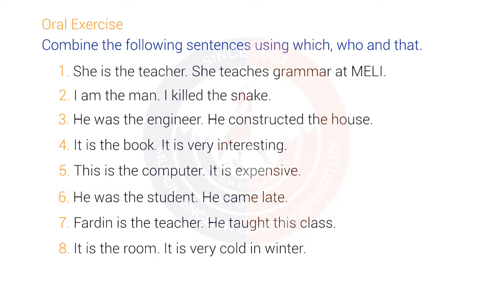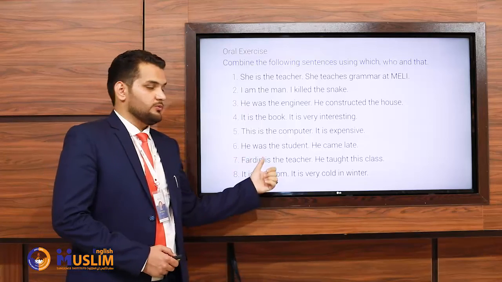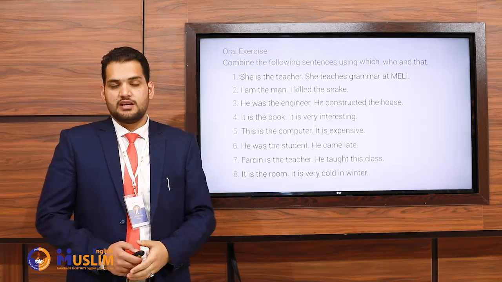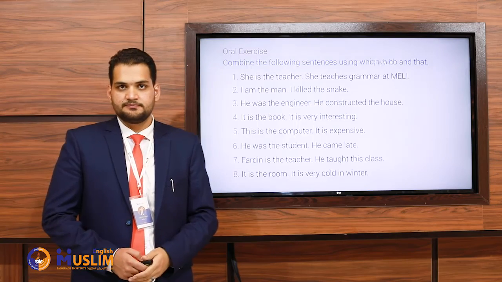He was the student who came late or that came late. Fardeen is the teacher, he taught this class. Fardeen is the teacher who taught this class or that taught this class. Number 8. It is the room, it is very cold in winter. It is the room which or that is very cold in winter.